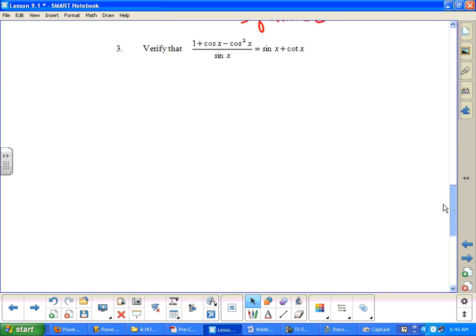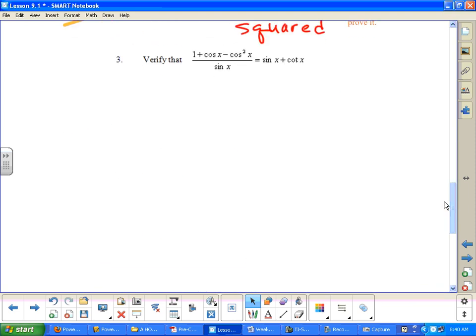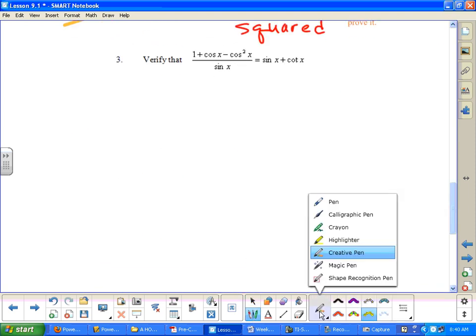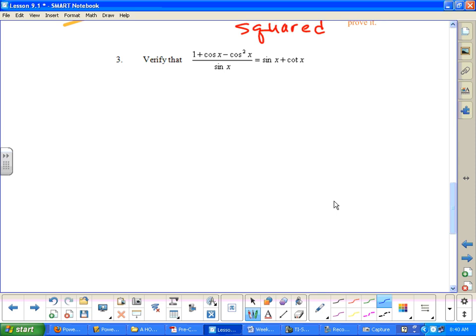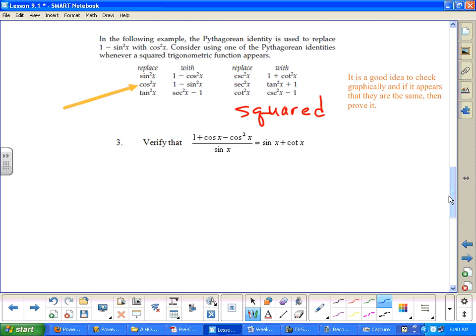All right. Now the other thing is that when we started up here, we could approach it a different way. Chris noticed, he says, okay, well, cosine squared is 1 minus sine squared. Okay, that's legit. We can do it. Can somebody see something else I can do? 1 minus cosine squared is sine squared.